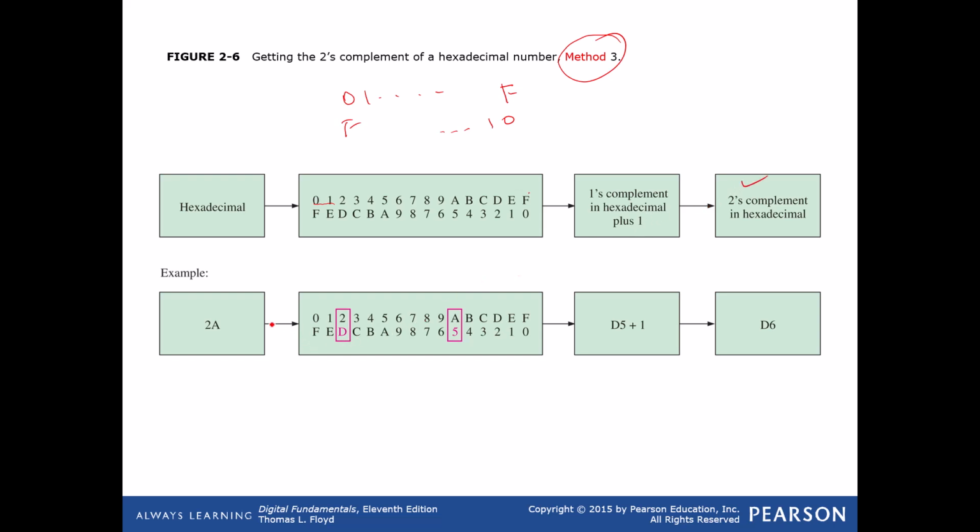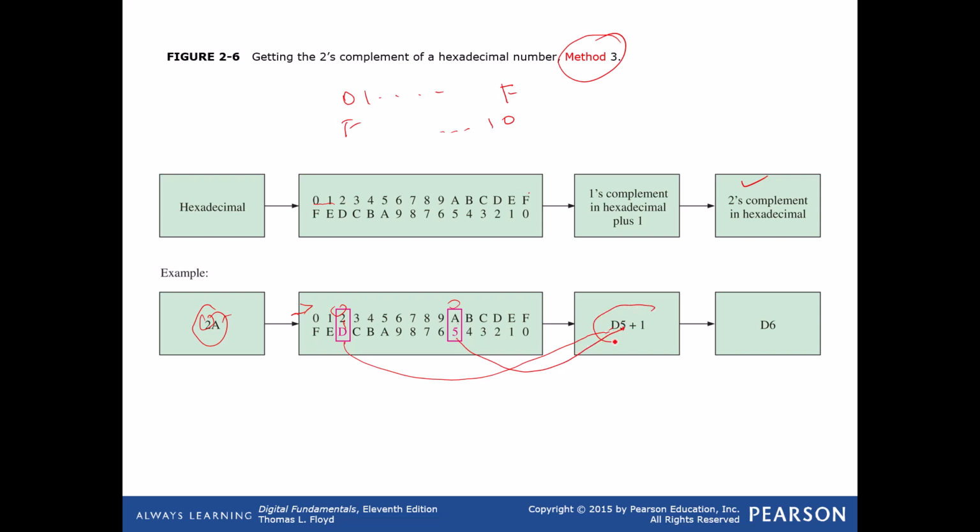Let's look at the same example again, 2a. So go find it in the top row here. We find the 2, I mark it, and then I find the a, I mark it. Then I look at what is under the 2, I write it here, and I look at what is under the a, I write it here.